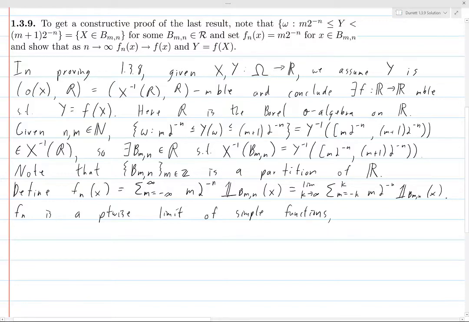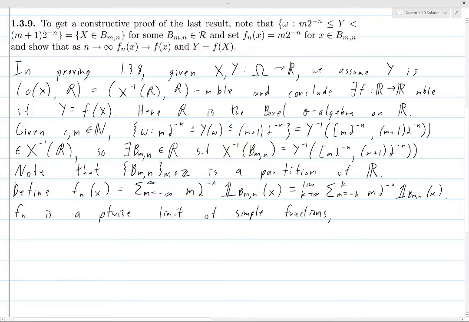Because for any value of x, x will belong to some B_mn, and so long as k is larger than the absolute value of m, this function is going to evaluate to m 2 to the minus n.